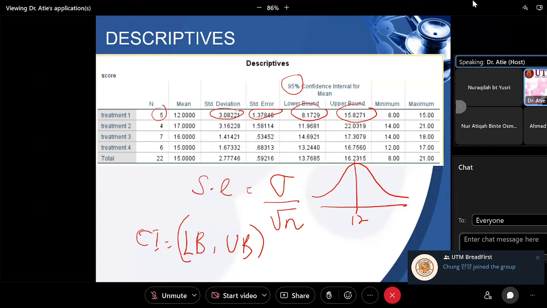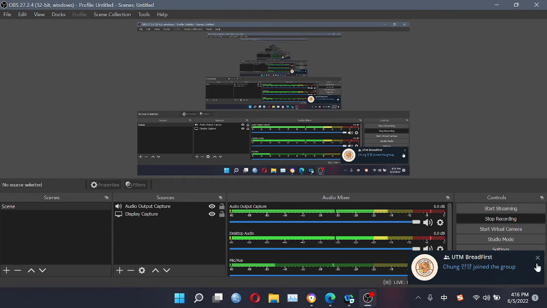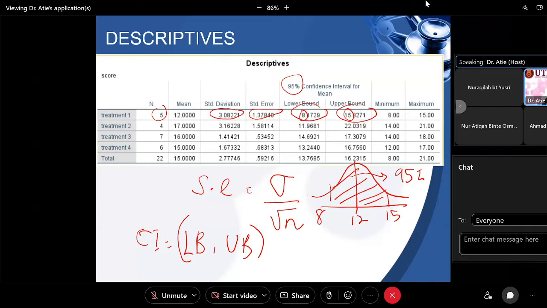The lower bound is 8, I just take the number in front, and the upper is 15. So that's what the confidence interval means. With 95%, we believe that 95% of the respondents in treatment 1 have a score between 8 and 15.